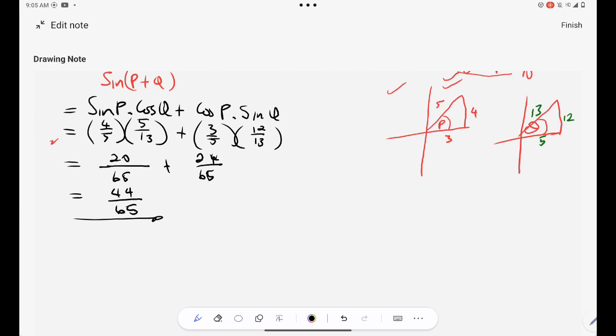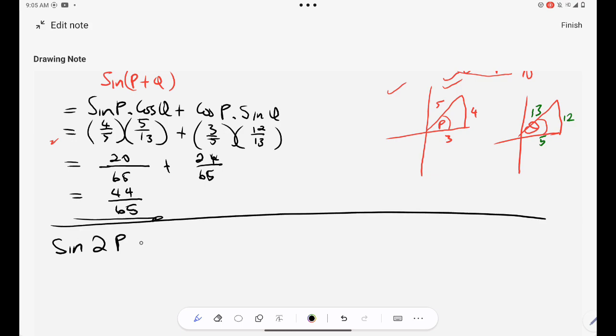And then maybe they said to us, determine the value of sine 2p. Second question. I know that I have to expand sine 2p by saying 2 sine p cos p, right?